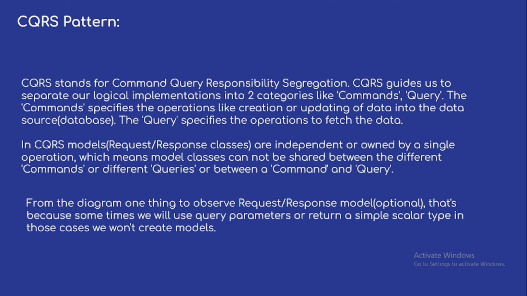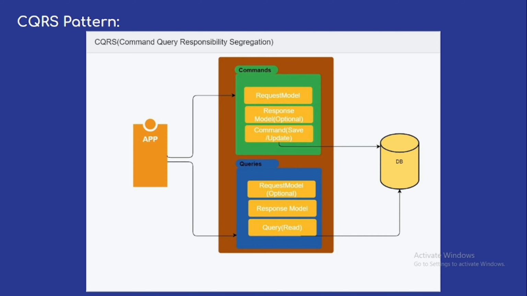In CQRS model, request and response classes are independent or owned by single operation. Here I told, right, CQRS query or command contains request model and response model. So each model or class is designated to a specific feature in the project.